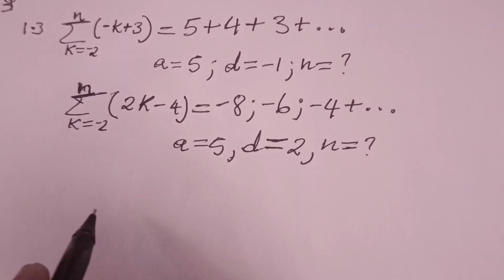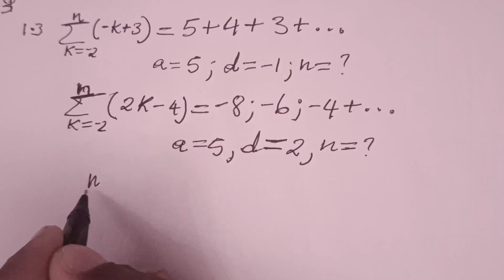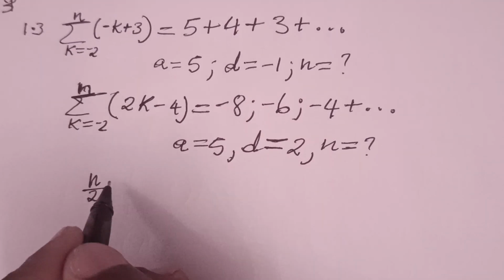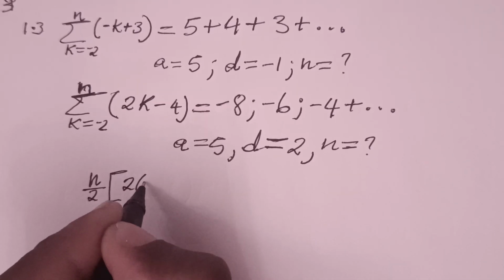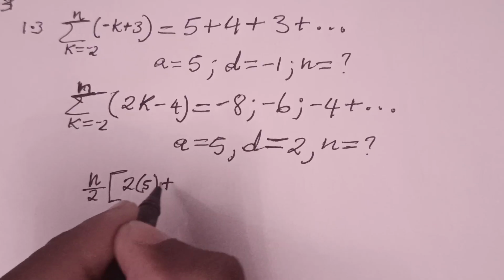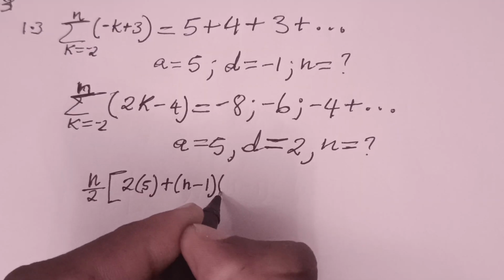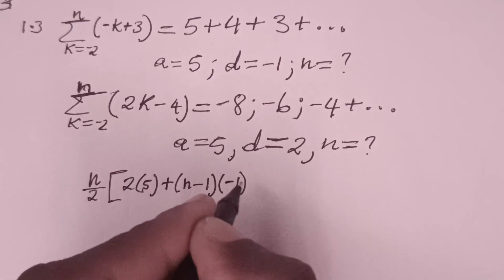We can say this is n over 2, the first one. Remember the formula of Sn? 2a, what is a? 5, plus 2a into n minus 1 multiplied by d. D is minus 1.